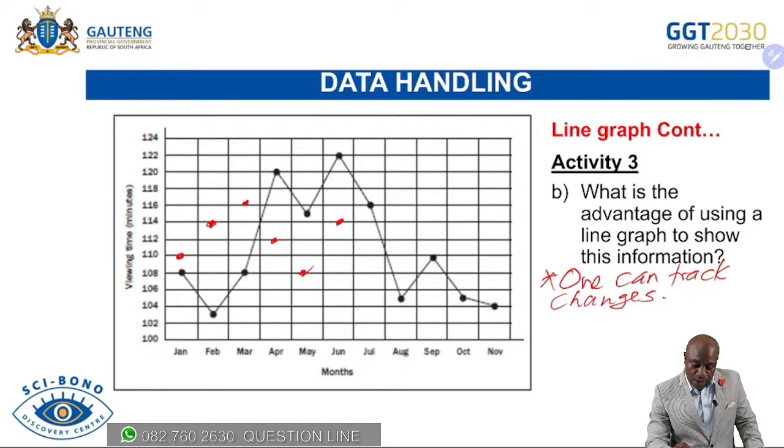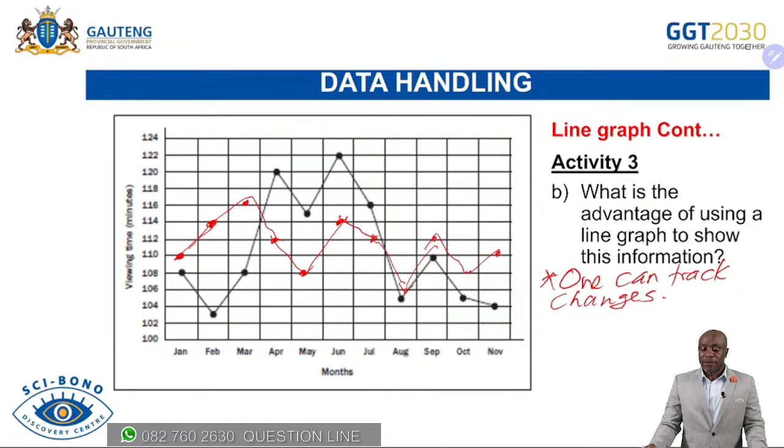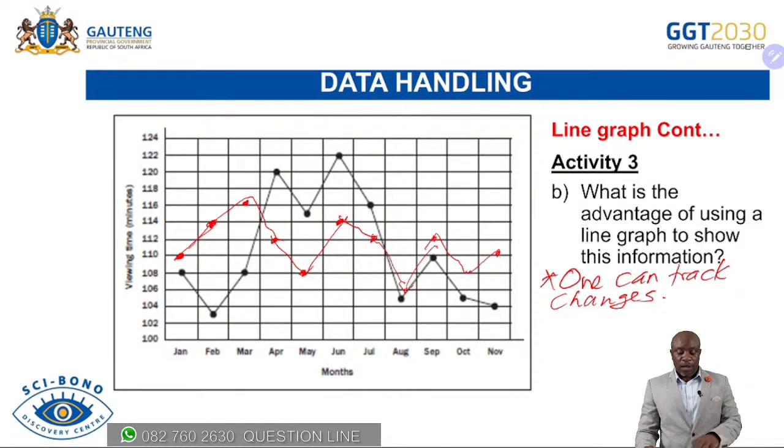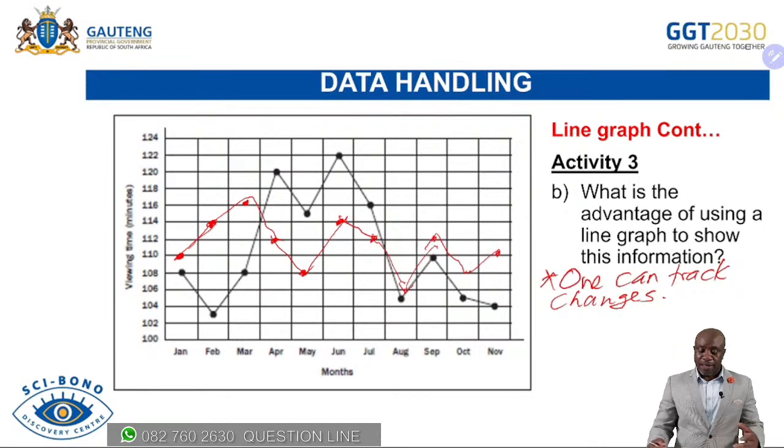You see now, we can track both graphs for Jabu and friend. So we can actually follow the changes of those two people. So that's the main advantage of a line graph. So we can actually draw two graphs in one and follow the changes and maybe color them differently.